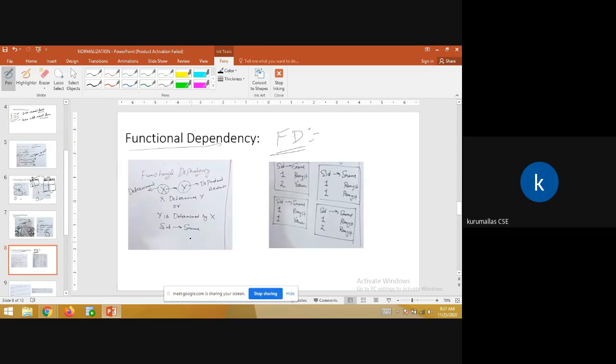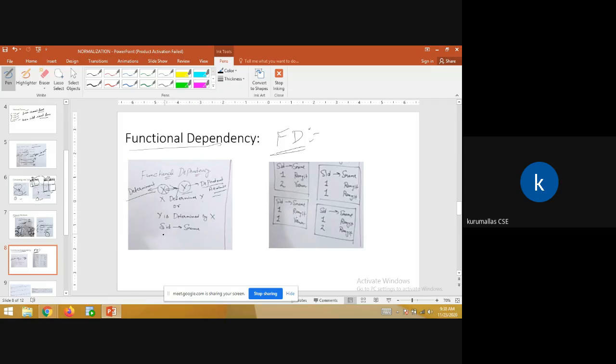If you write X tends to Y, X is the determinant, and Y is called the dependent attribute. We read this combination X tends to Y as X determines Y, or Y is determined by X.